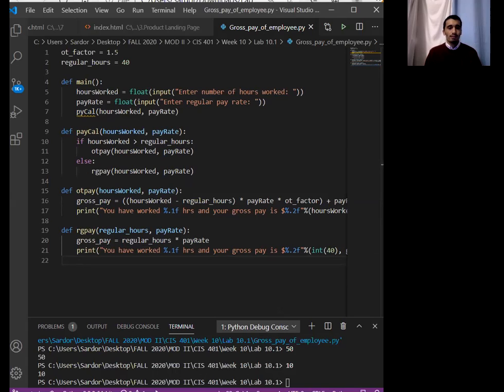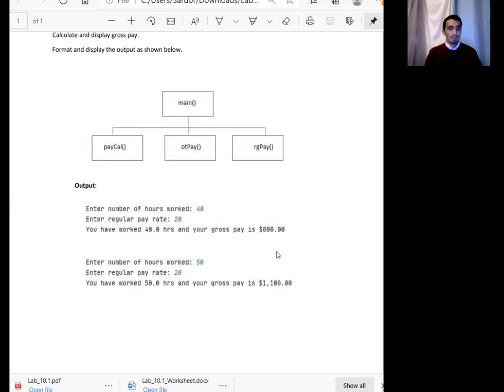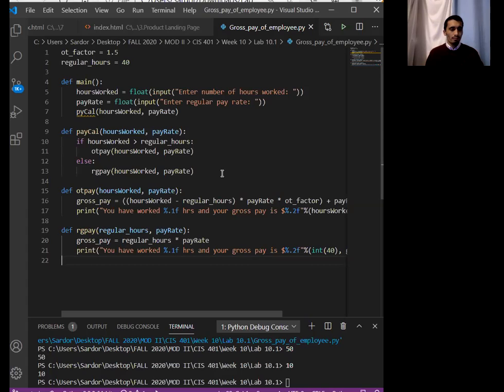And then let's go back and see what we are missing. So we have main function, pay calc, overtime, and regular pay. So we have the user placing the input, hours worked, hours paid, and we're calling on paycalc.